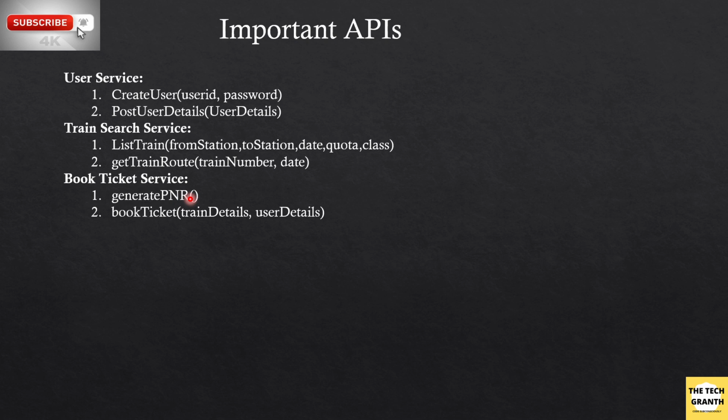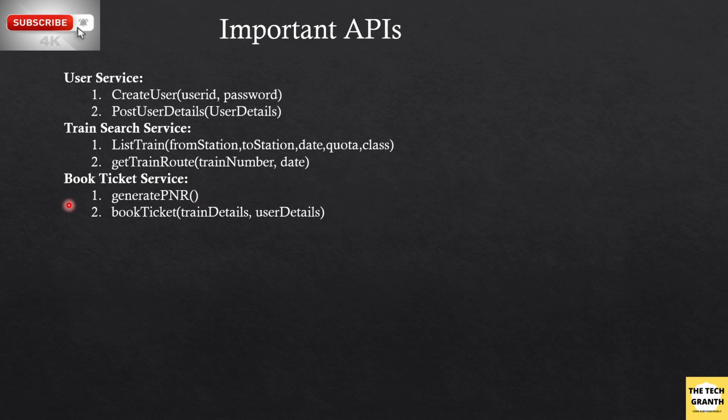In that example I used Zookeeper, that is why I'm mentioning it. From there you can allocate some random number range to multiple application servers, and based on those numbers you can generate the PNR. So check out that video to see the detail of how this allocation can be done and how this system can be scaled.